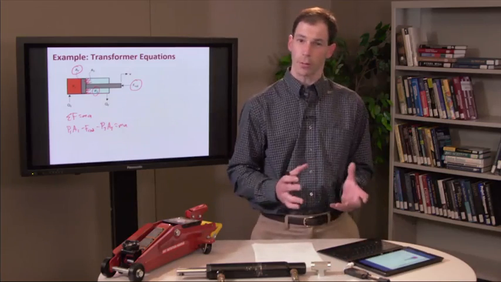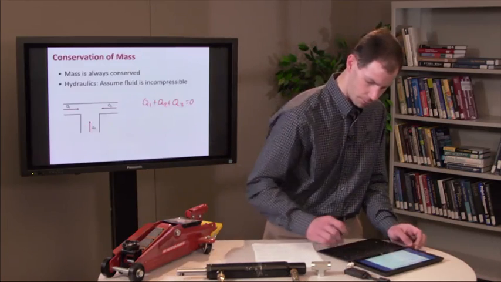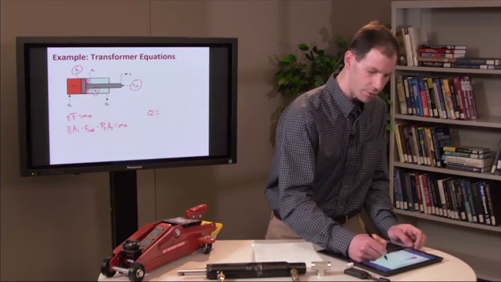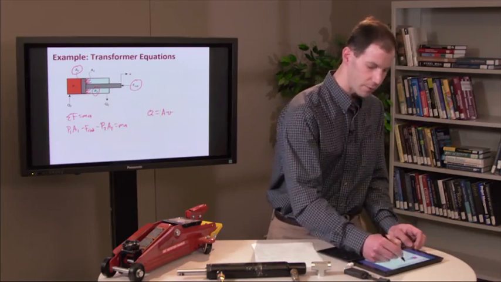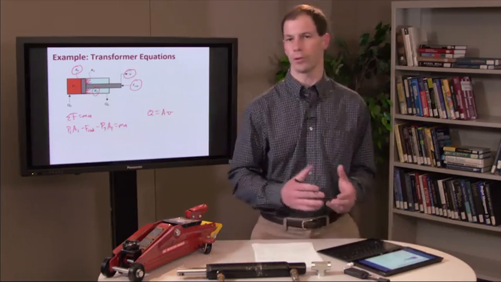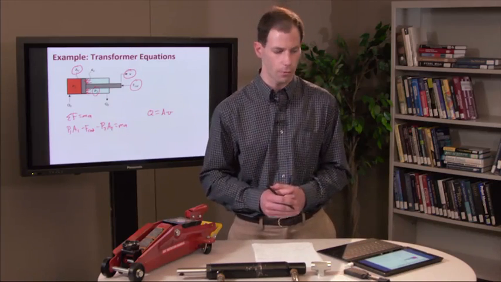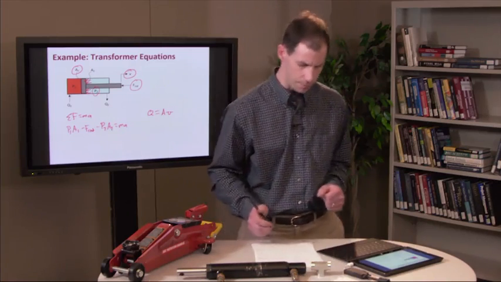We also have transformers for the flow relationships, where we can recognize that our flow rate Q is equal to the cross-sectional area times the velocity of our rod. I've got the velocity labeled right here, and I have to define what's positive and negative and correspond that with the flow rate I'm talking about. But we just relate these through the cross-sectional area.